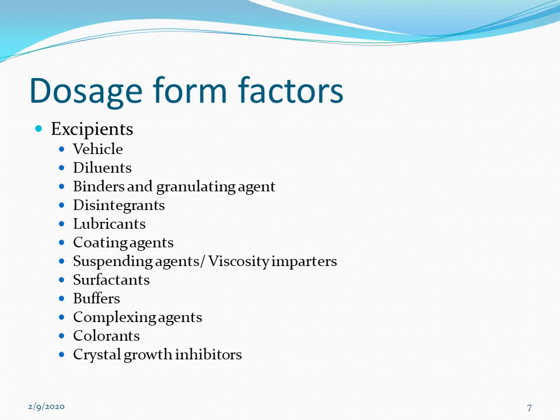Moving towards the next category, that is the binders and granulating agents. Binders are the agents which are used to convert the powder into granular form. We are using cellulosic material, starch, acacia, tragacanth as binding agents.